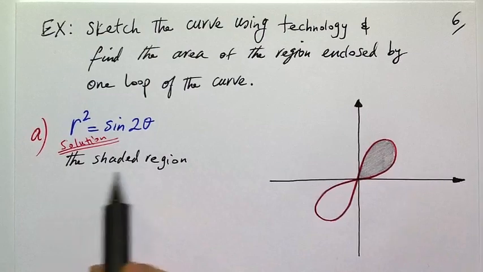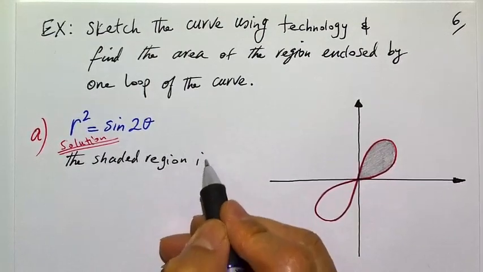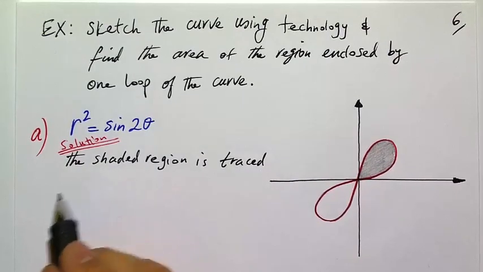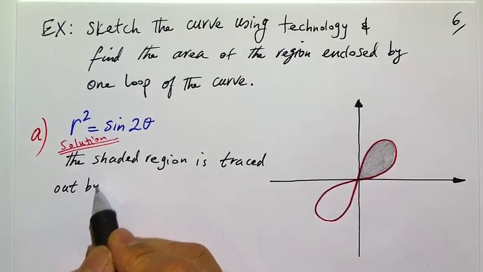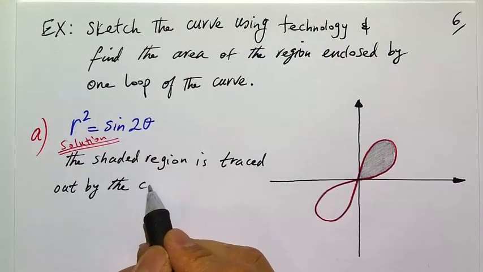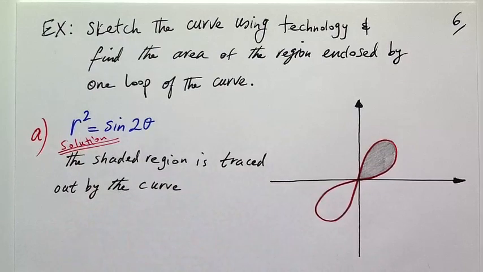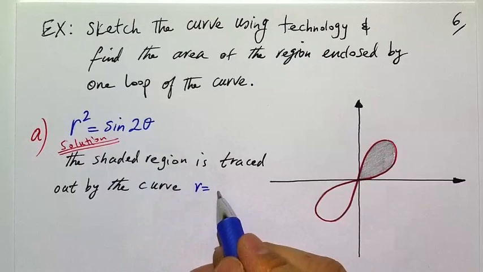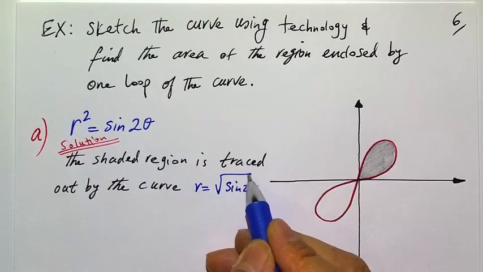So if you do that, you'll see that the shaded region, since this is r squared, the equivalent would be just r equals sine of 2 theta.